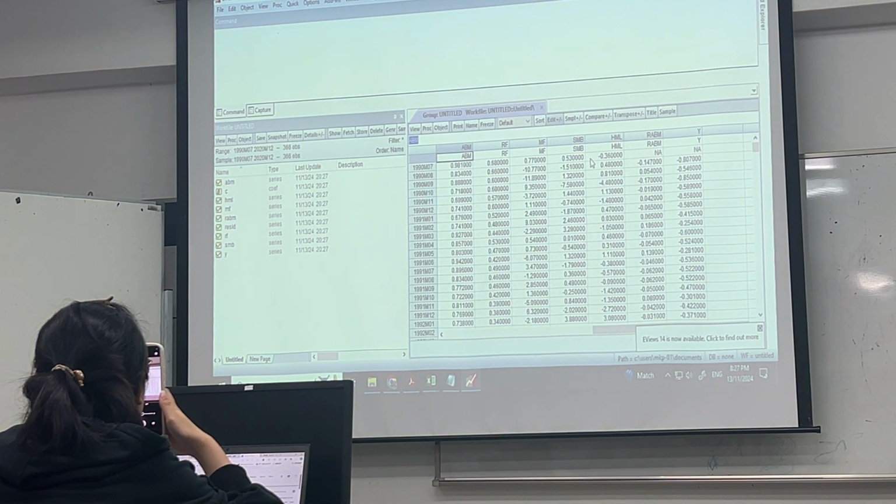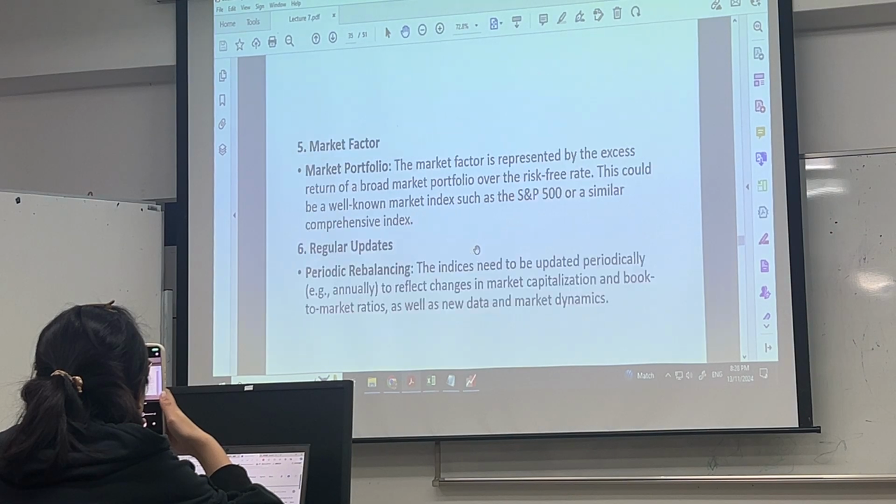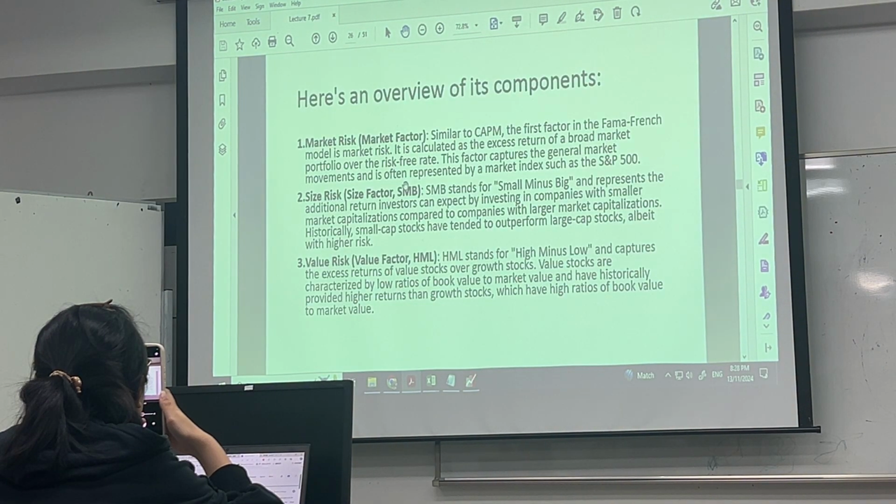I put it inside my EViews, so I have all my variables here. So this is my dependent variable, and my three factors: market factors, SMB, and HML. These refer to the market factors, the size factors, and also the value factors.